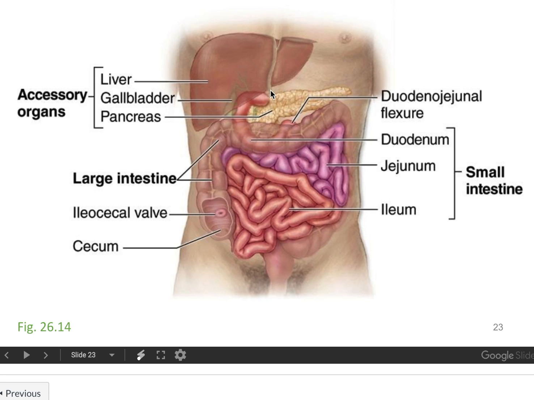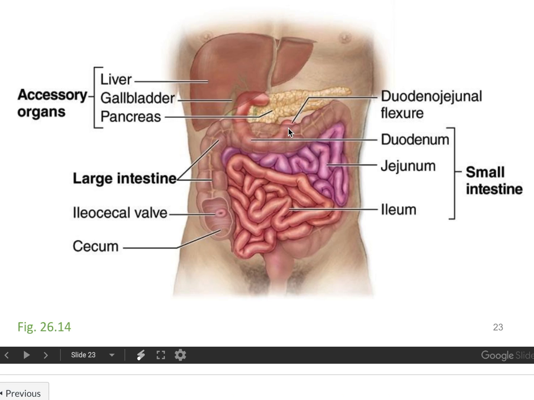So every segment of the intestines has a different function, and so the walls of these organs are going to change. You're not going to be able to tell where the duodenum ends and the jejunum begins. But if you were looking under a microscope, you would see a difference in the layers of the walls.